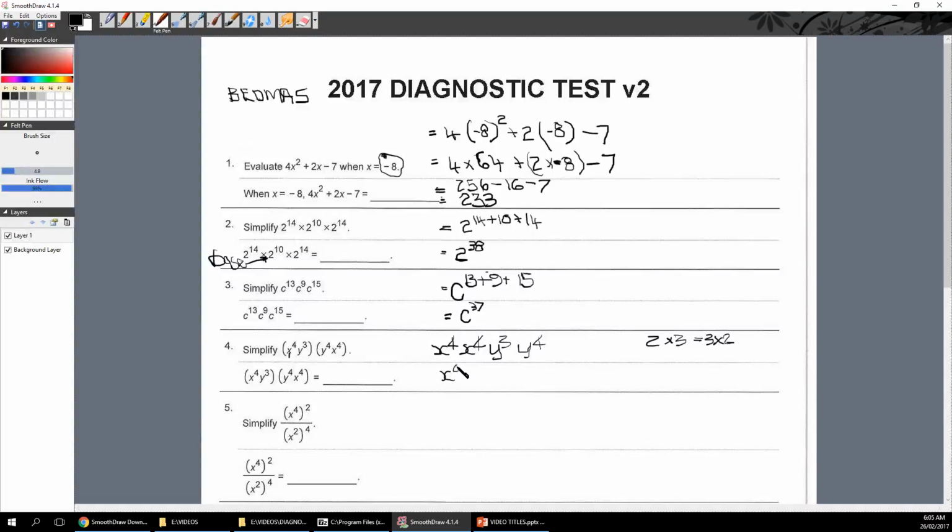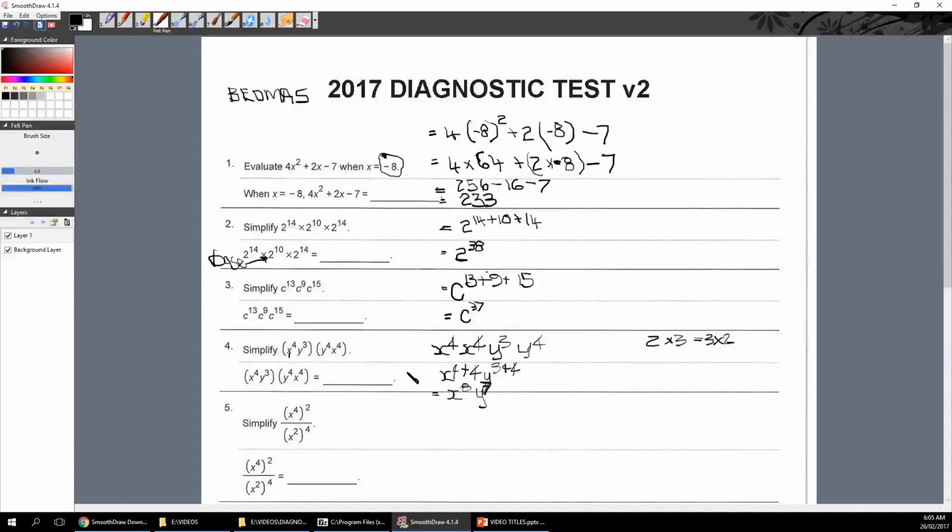X to the 4 plus 4 and y to the 3 plus 4, and that, I'll put it down here, equals x to the power of 8, 4 and 4 is 8, y to the power of 7.